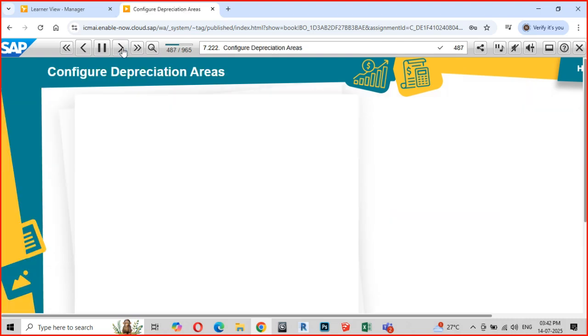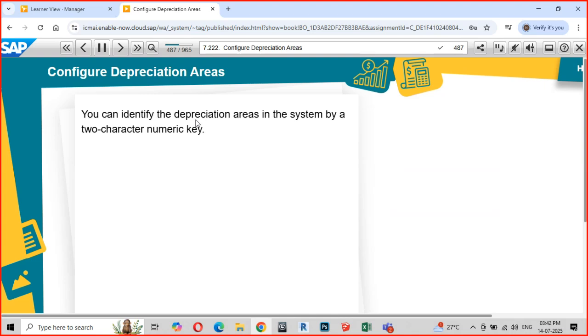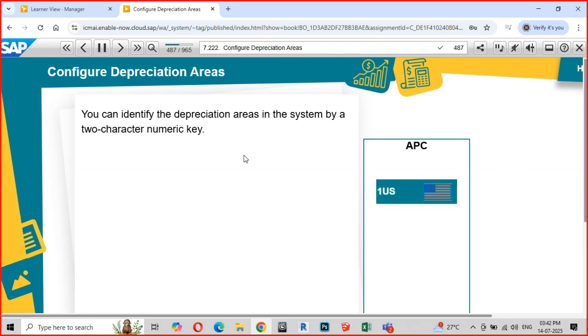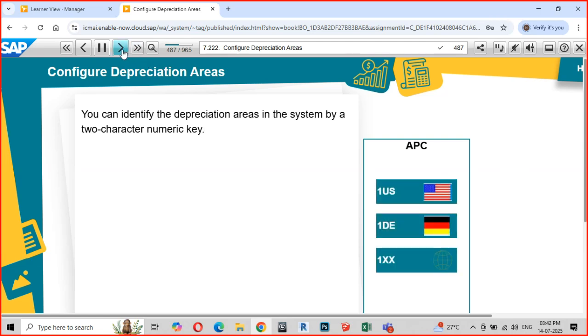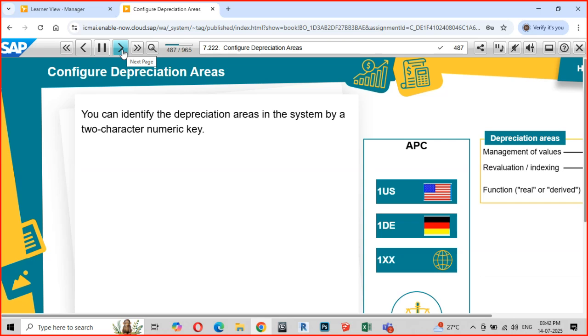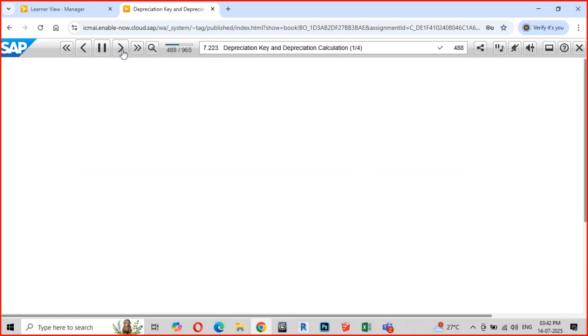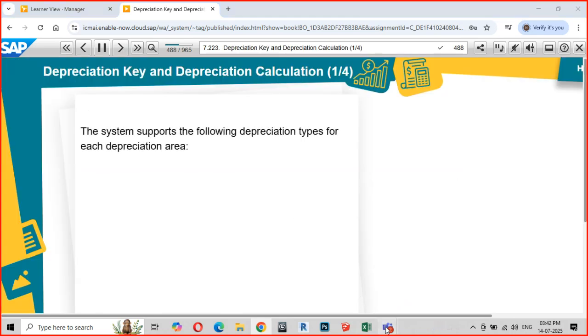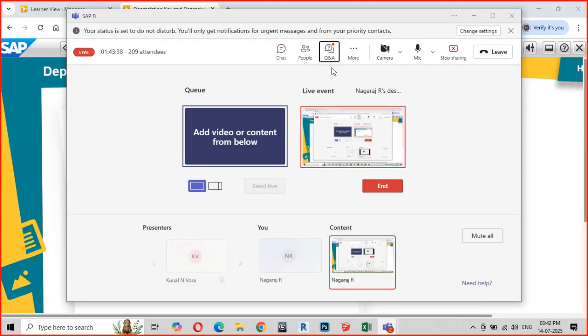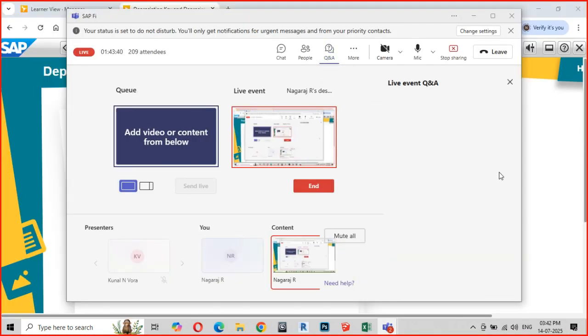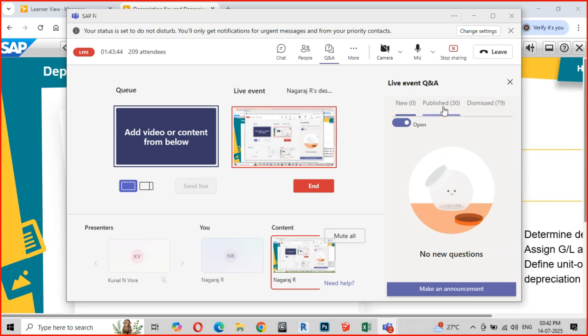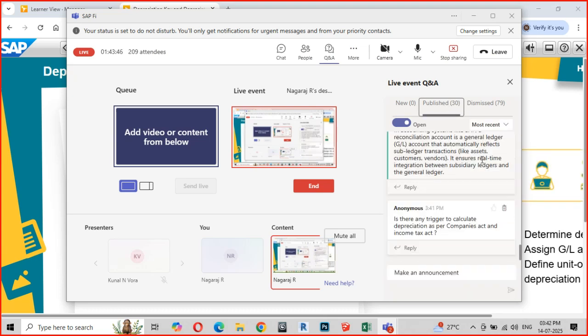Now let me see what else does it have. Configure depreciation areas. I'm just trying to find some new questions.